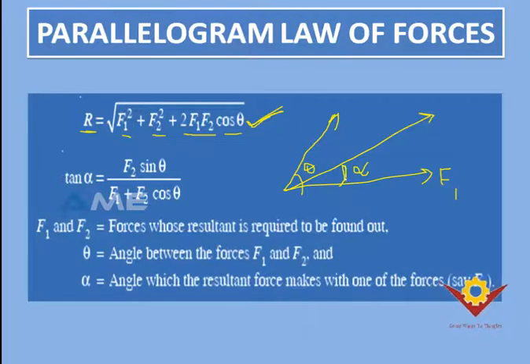How are you going to find this angle? The formula is tan alpha equals F2 sin theta divided by F1 plus F2 cos theta. Here F1 and F2 are the forces whose resultant is required to be found out, and theta is the angle between the forces F1 and F2. Alpha is the angle which the resultant force makes with one of the forces, say F1. You can take either one, but for convenience you are taking this one, which is alpha.